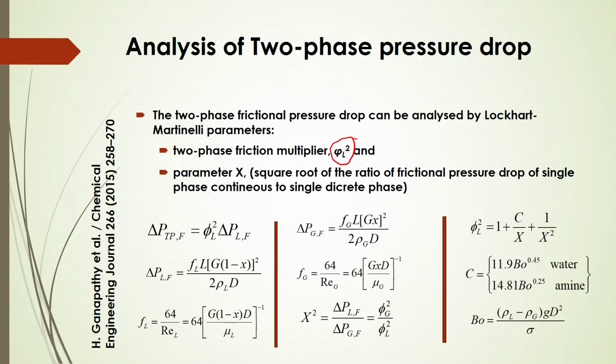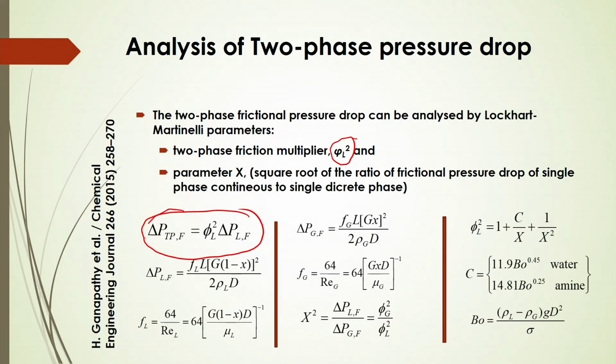It is defined as the square root of the ratio of the frictional pressure drop of the single phase continuous to the single phase in the discrete phase. So, according to those two parameters, phi L and x, you can assess the two phase frictional pressure drop. Now, according to the Lockhart Martinelli model, the concept is like this.